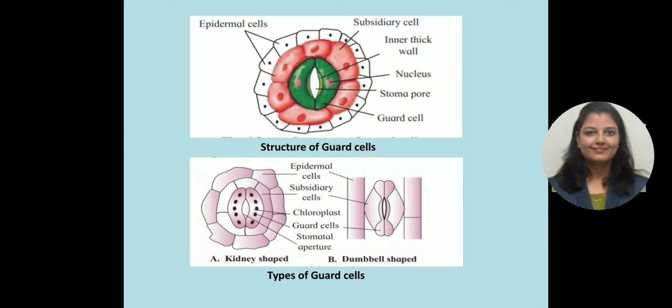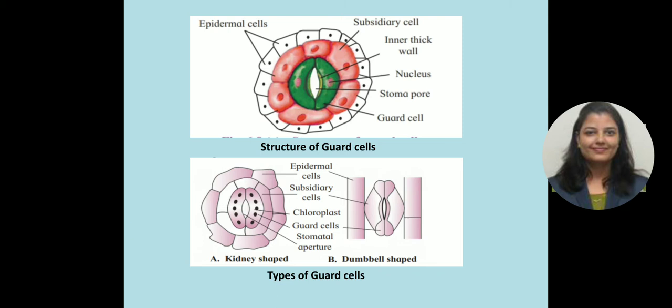Guard cells contain few chloroplasts which are capable of some photosynthesis, not exactly, but they are also responsible for photosynthesis. The guard cells have the ability to change their size and form, due to which the stoma opens and closes. Because of that, the stoma opens or widens and sometimes closes, that is, narrowing of the stoma.